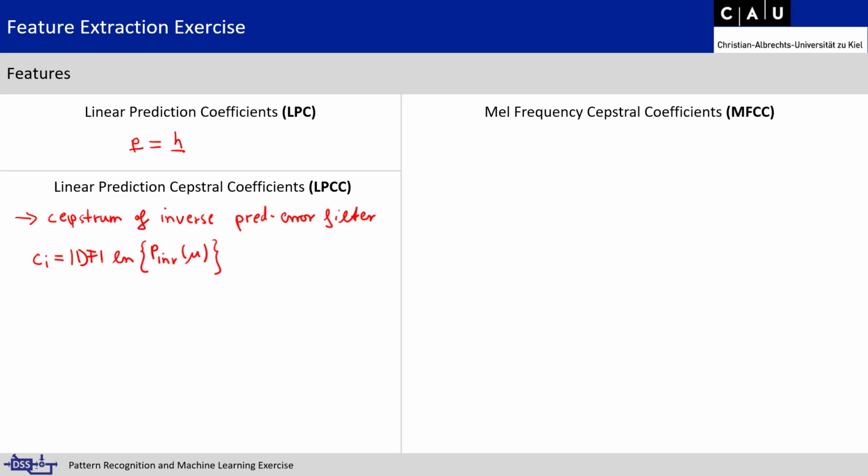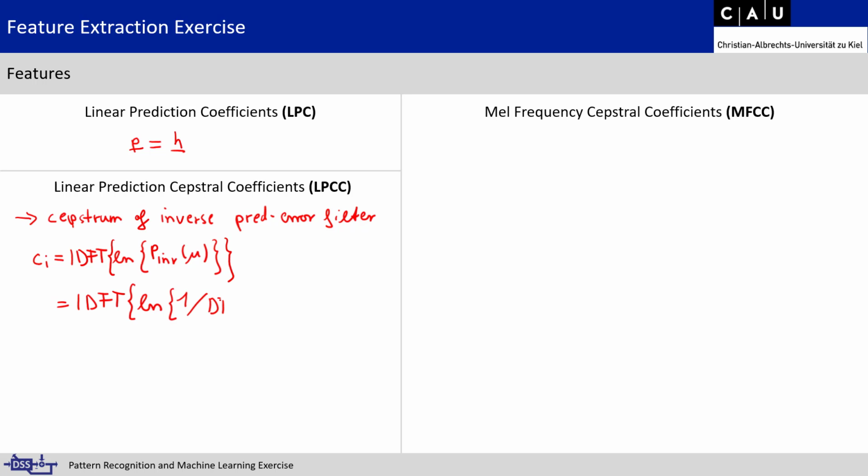And what does this then actually mean when we break it down to get the connection directly to our LPC features? So let's write down again the first part, the IDFT and the logarithm. We can break down the spectrum of our inverse prediction error filter in 1 divided by the DFT of a certain vector.